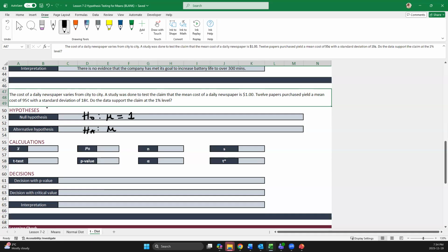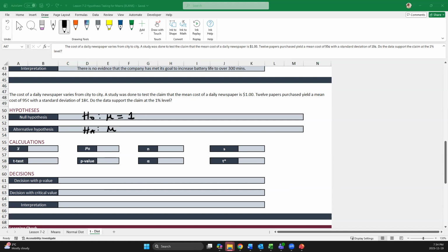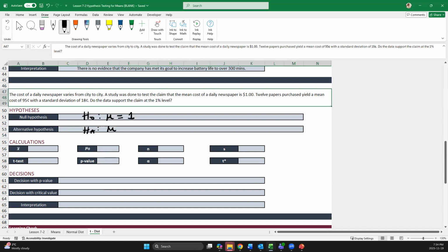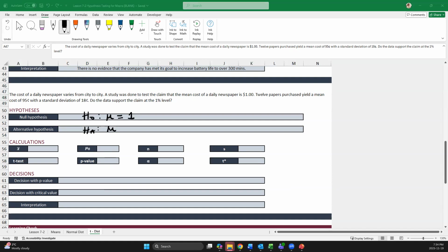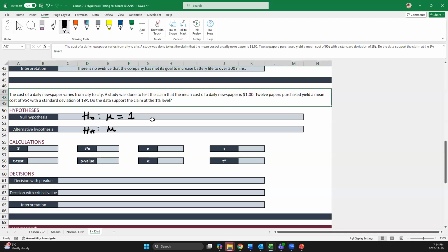However, this question about the data supporting the claim, it's just really asking, is it a dollar or not? With that specific wording, just saying, does it support the claim? It doesn't specifically say, is the price more or less expensive?